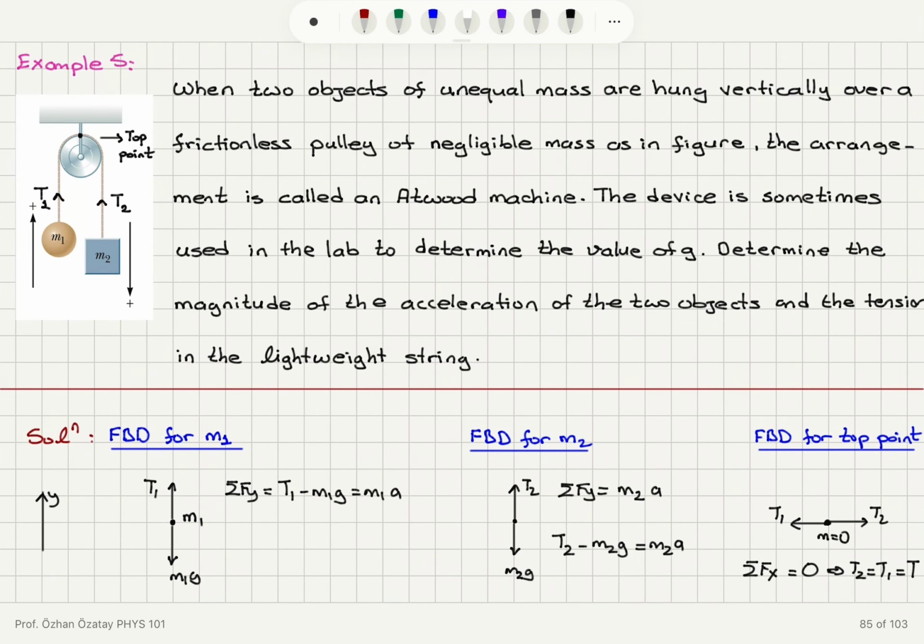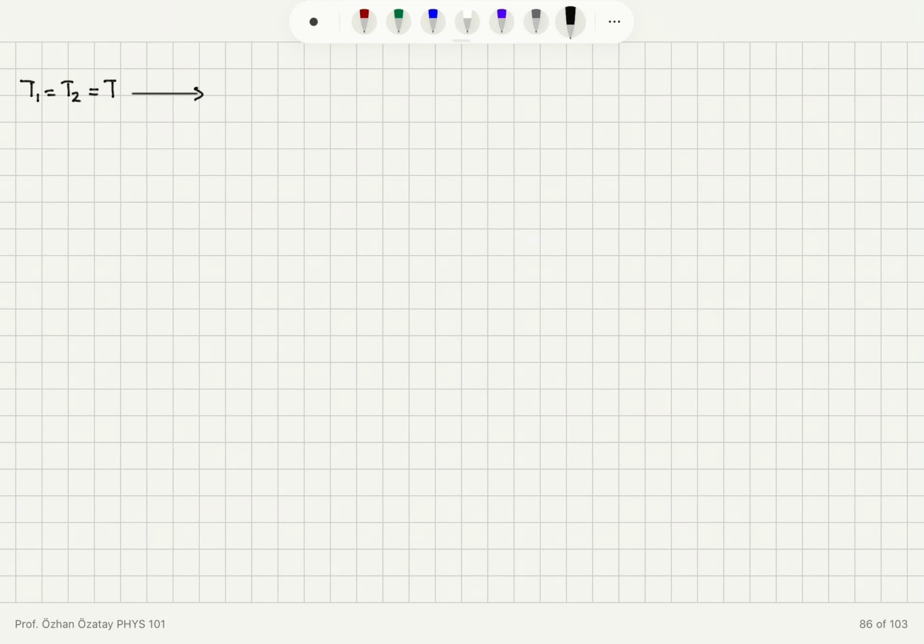So T1 must be equal to T2, a common tension. And when I substitute that result into this equation, T1 minus M1g equals M1a, that equation will become T minus M1g equals M1a.